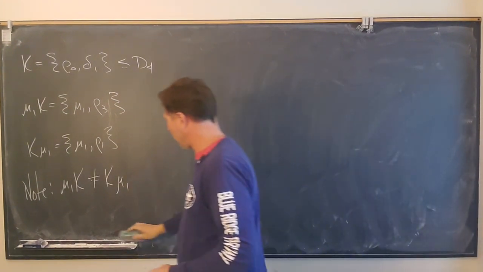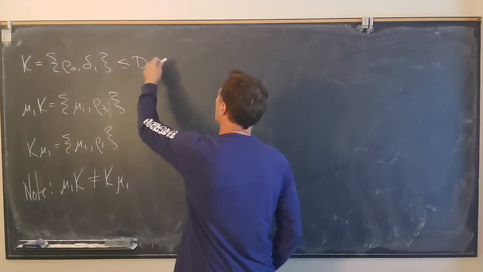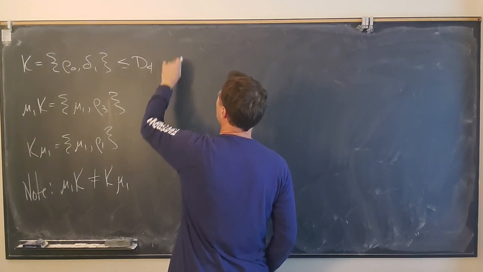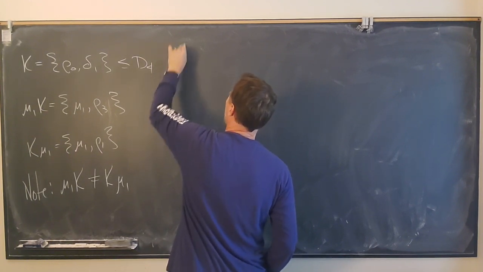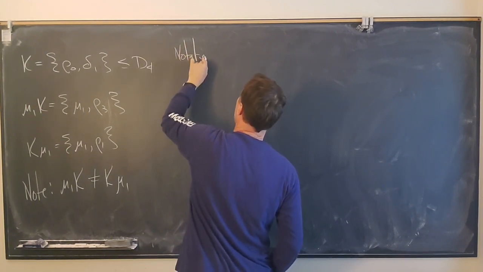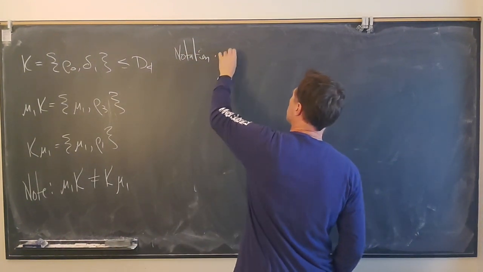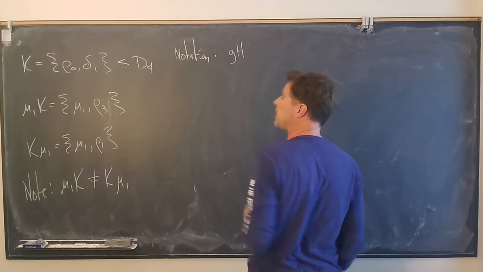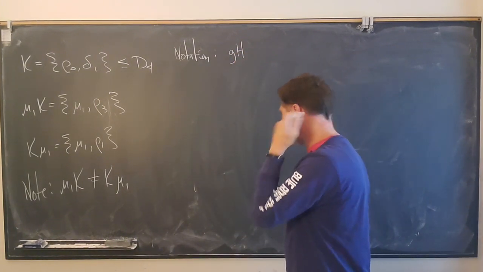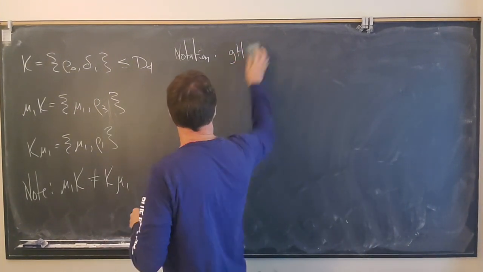One thing to be aware of is notation. In general, gH is the standard notation for cosets.